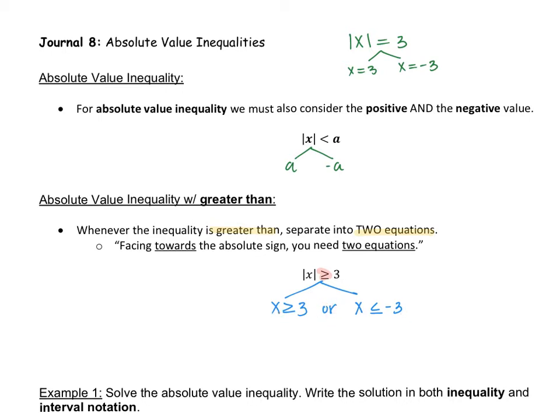How I remember this is going to sound really silly, but anytime it's facing towards, it's two equations. Towards looks like the spelling for two, so that's how I remember. Anytime I see it facing towards, I remember two equations that I need to split it up into.